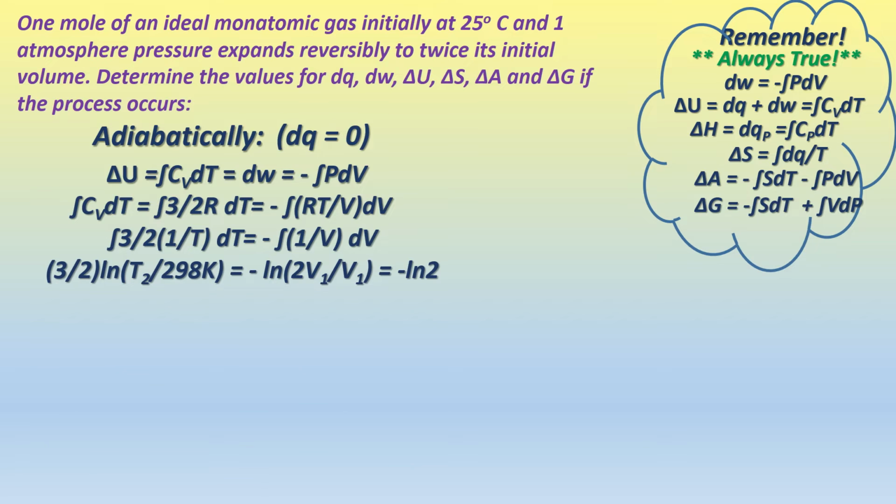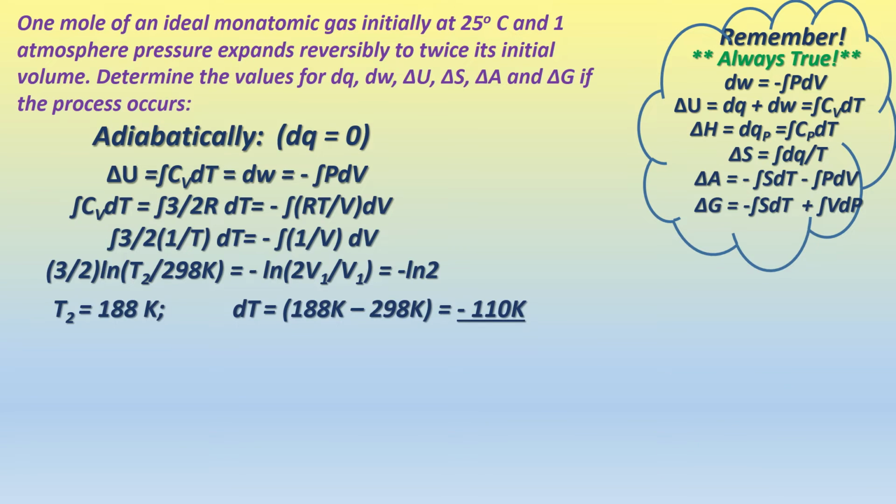Or 3/2 log of T2 over T1 is negative log V2 over V1. Since the volume doubled, that's essentially negative log of 2. I know T1, so I can find T2. In this case, when the volume doubled, the temperature dropped to 188 degrees, or a change in temperature of minus 110 degrees Kelvin.